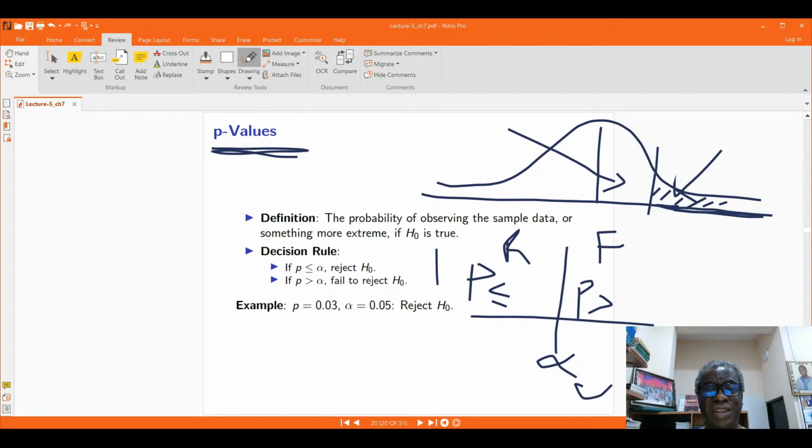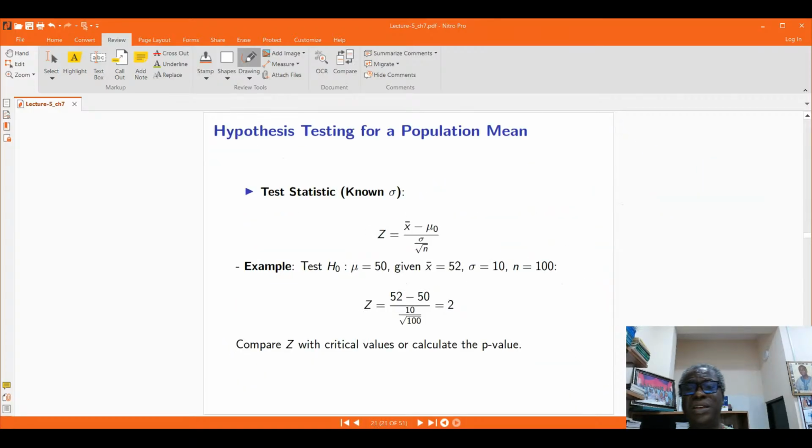We have an example. Let's start with the example of testing a hypothesis about a population mean.